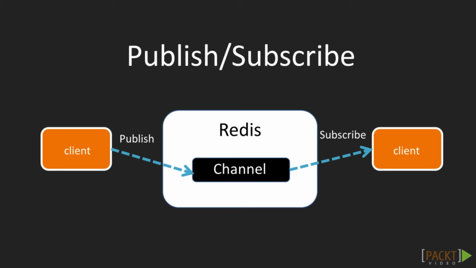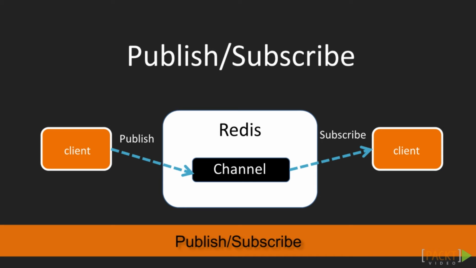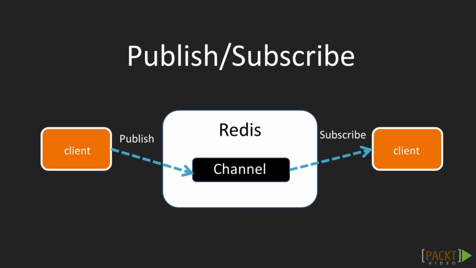Clients interact between each other and Redis as a mediator through the channel using publish-subscribe. So the algorithm is pretty simple. One client uses the subscribe command in order to enter into listening mode. Subscribe takes one or more channel names or keys which the client would like to listen to.